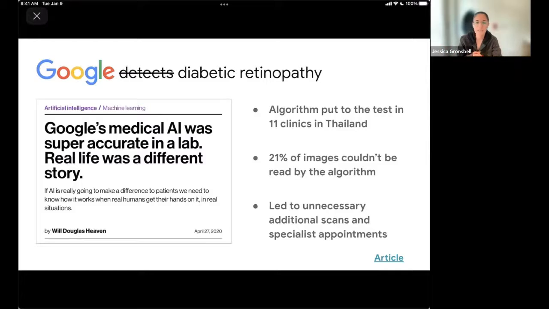The lighting in the clinics wasn't very good, the images were taken too fast. And what the algorithm said when this happened is, we'll send the person to a specialist, send them to a follow-up. This led to a lot of unnecessary scans and specialist appointments and kind of defeated the entire purpose of this automated procedure. People in Thailand had to travel long distances to go to specialist appointments they didn't need, and it didn't solve the problem.